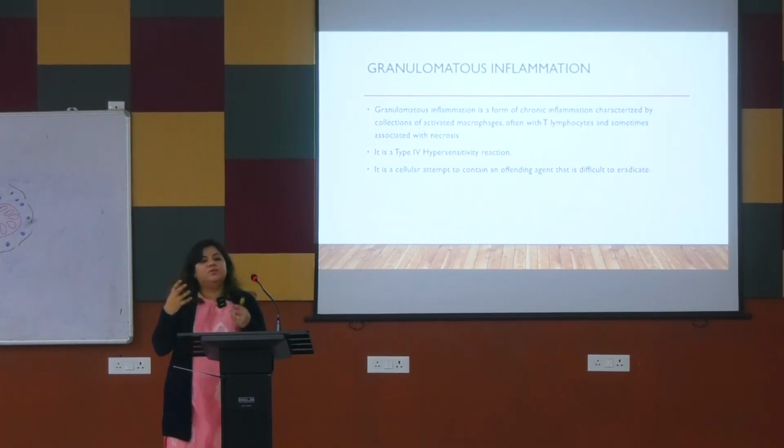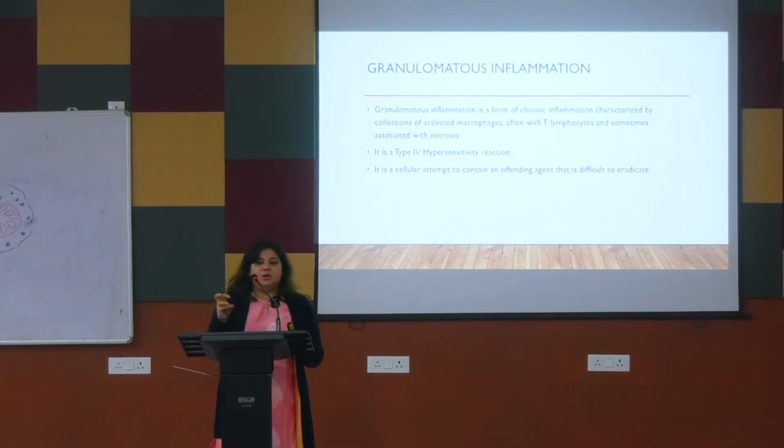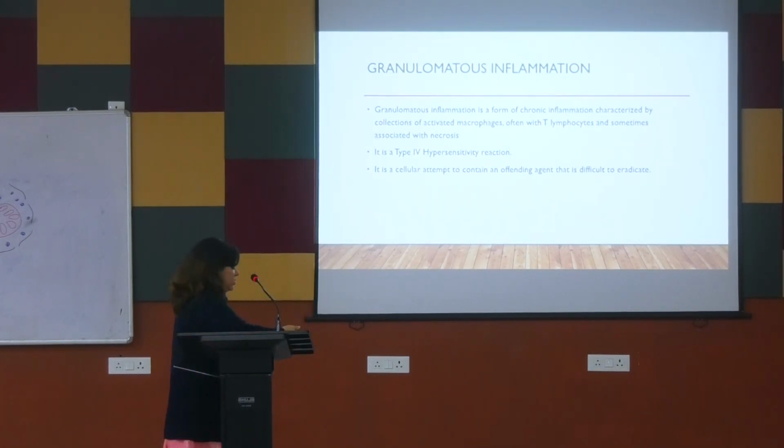What happens is there is severe hypoxia at the center, so that gives rise to the caseous necrosis. It is a type 4 hypersensitivity reaction. It is a cellular attempt to contain an offending agent that is difficult to eradicate.